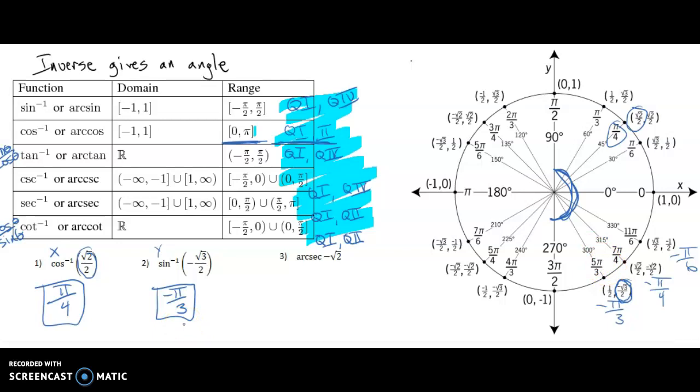And let's look at one more here. Number 3 is arc secant of negative square root of 2. And the reciprocals are kind of tough because you got to know your unit circle pretty well. But remember, we're going to flip the x coordinates to find secant, because secant goes with cosine. And we are looking in quadrants 1 and 2, so let's mark that on my circle.